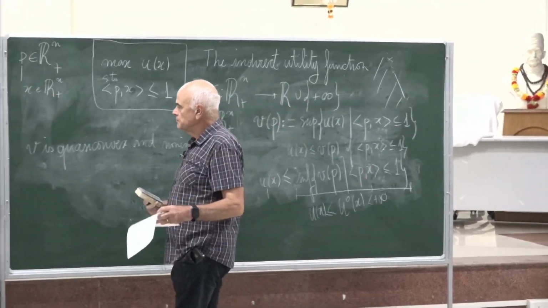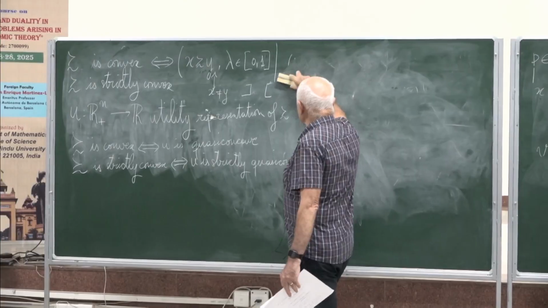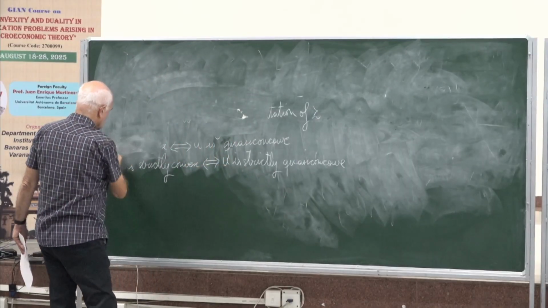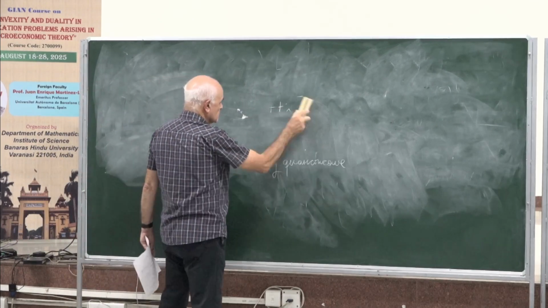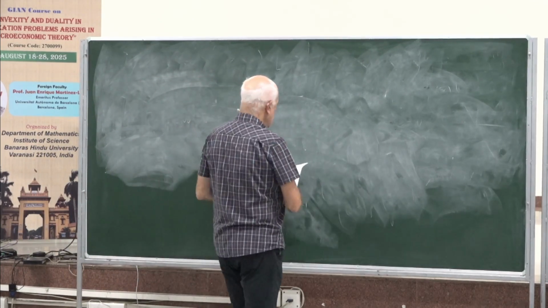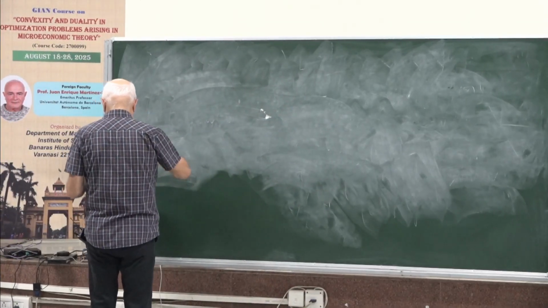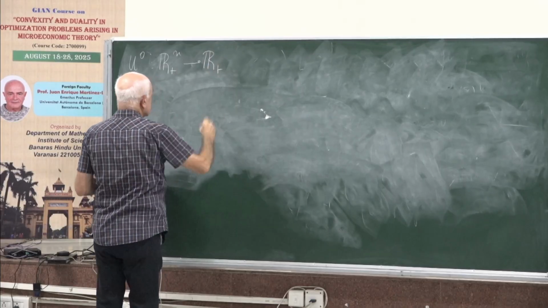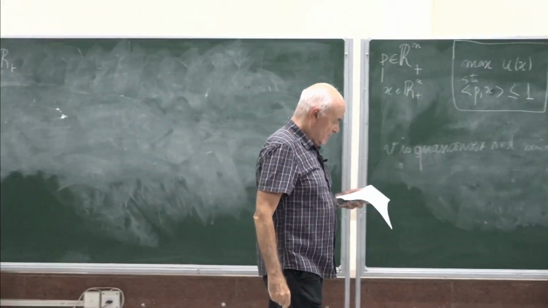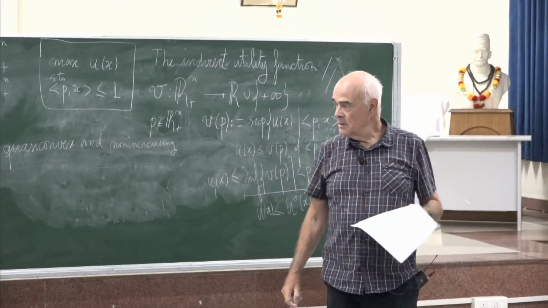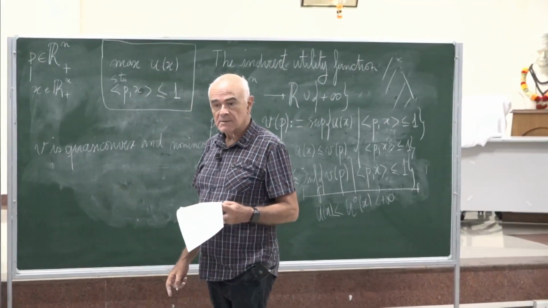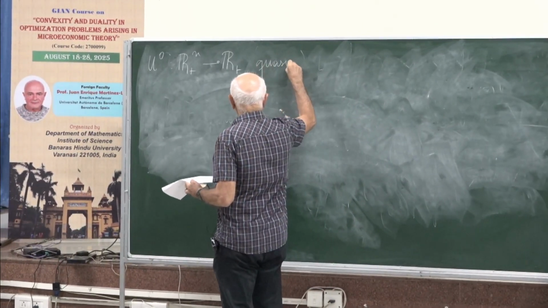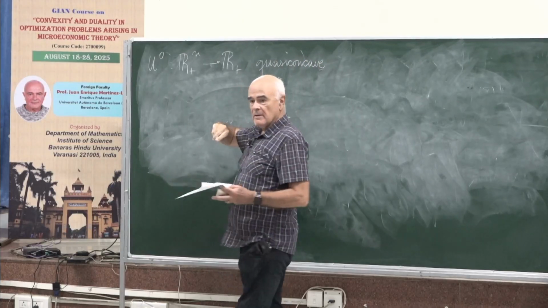So this u0 is a function from R plus to the n into R plus, and this function is nice as a utility function because it's quasi-concave and non-decreasing.